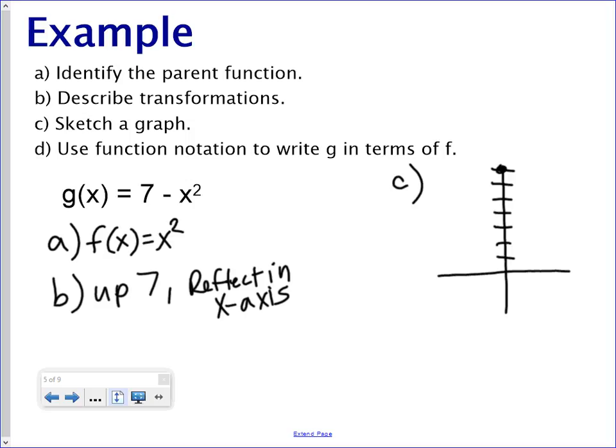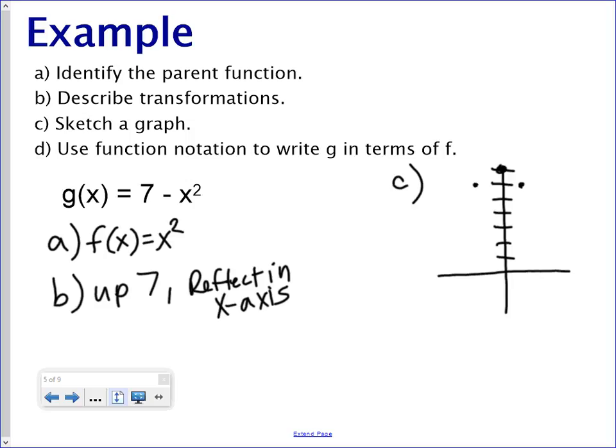And since there's no stretch or shrink involved, I don't have to multiply my x or my y by any scale factor. I can just keep the same rates of change that the parent graph would have. So I know in the parent graph, if I go x equals 1, I'm at positive 1. Here I would go down 1 over 1 to keep that same rate of change, and I would do that on both sides.